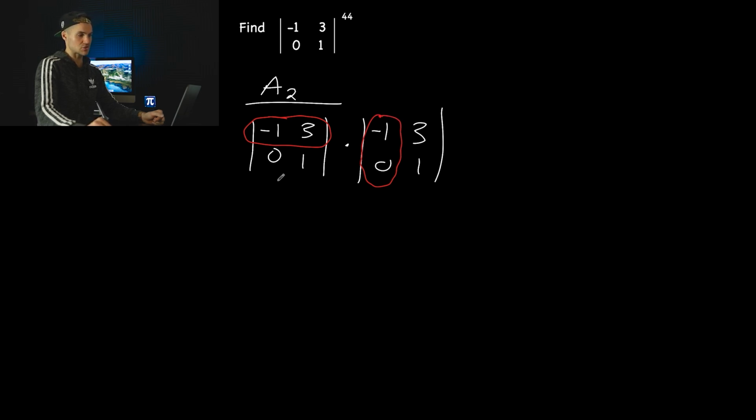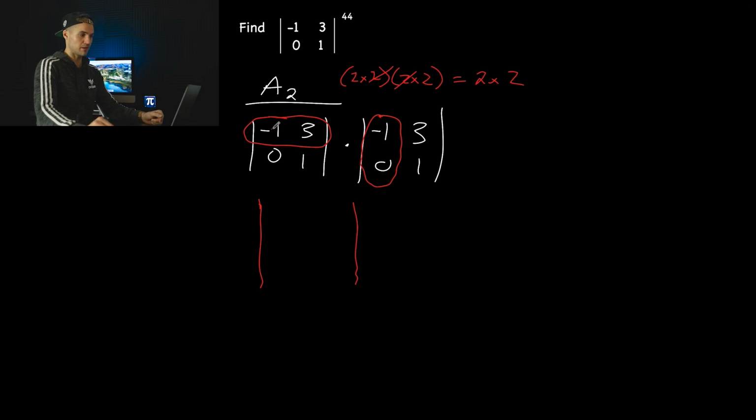Notice this is a 2 by 2 matrix multiplied by a 2 by 2, so the middle terms cancel out and our resulting matrix is going to be a 2 by 2. Let's find out what the entries are going to be in the resulting matrix.